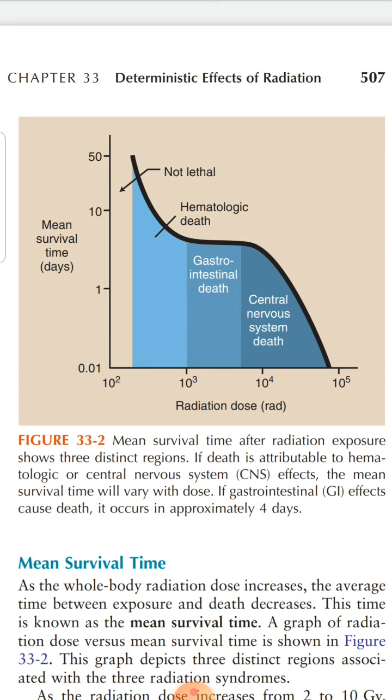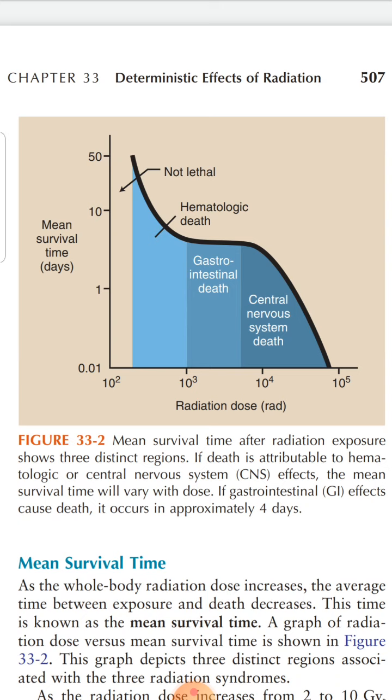As we increase the dose, less effort is required to cause death. There will be more damage to the cells, so we won't be able to prevent the death as the radiation to the subjects increases.